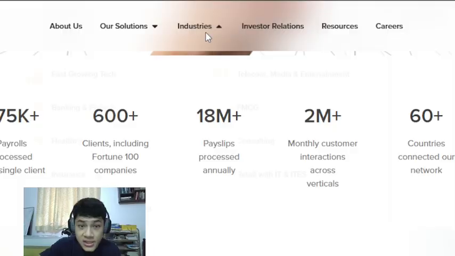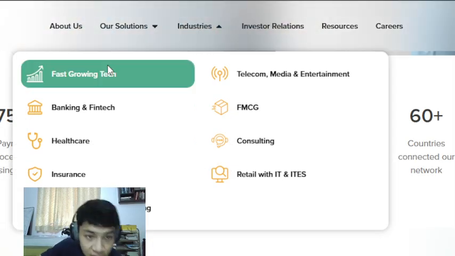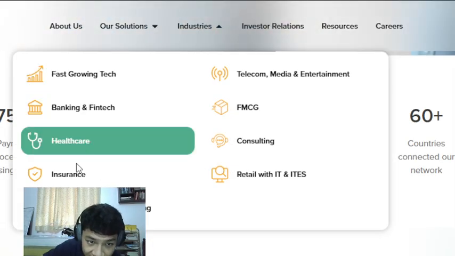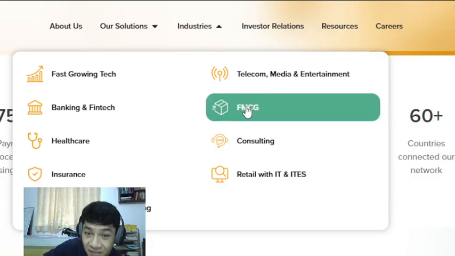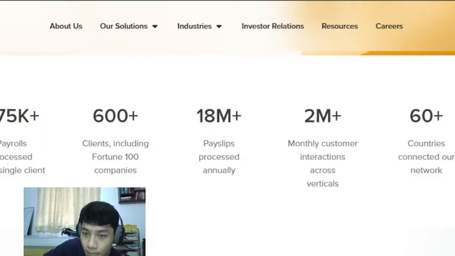Yeah. So under the industries, you see fast growing tech, banking, fintech, healthcare, insurance, automotive and manufacturing, retail, consulting, fast moving consumer goods, telecom, media, and entertainment.